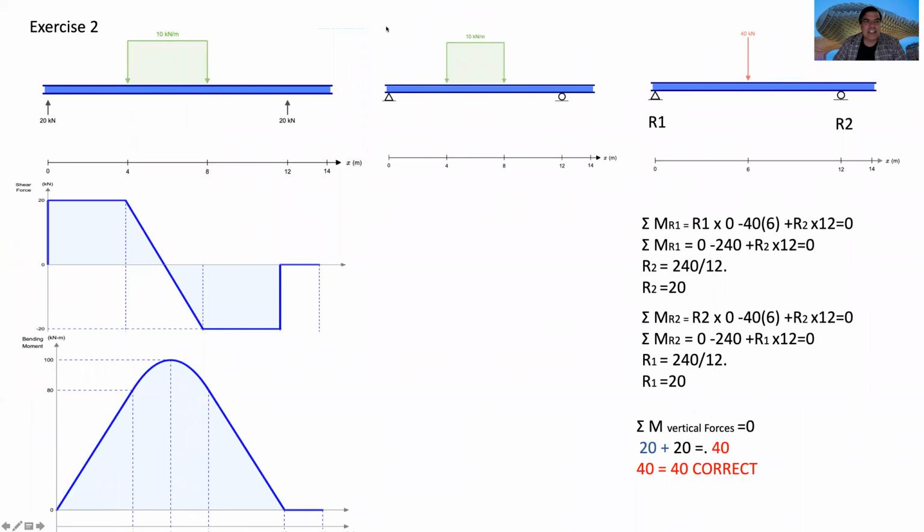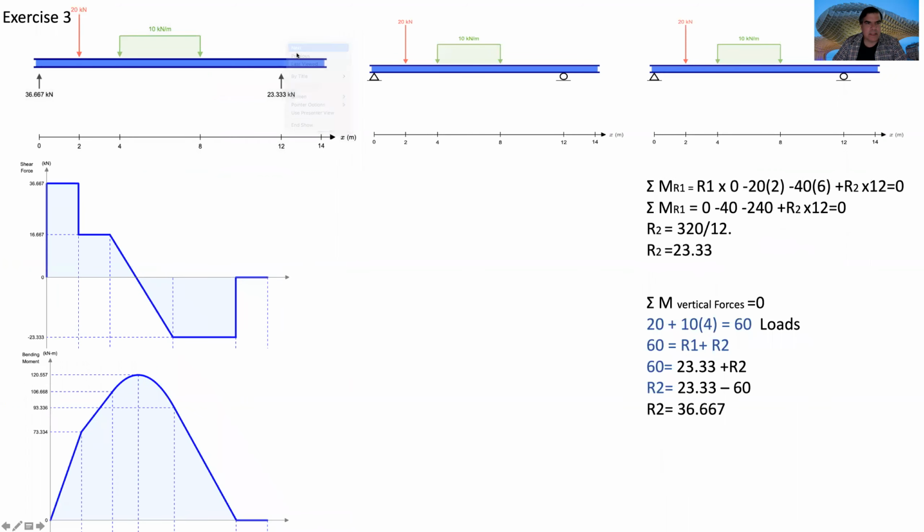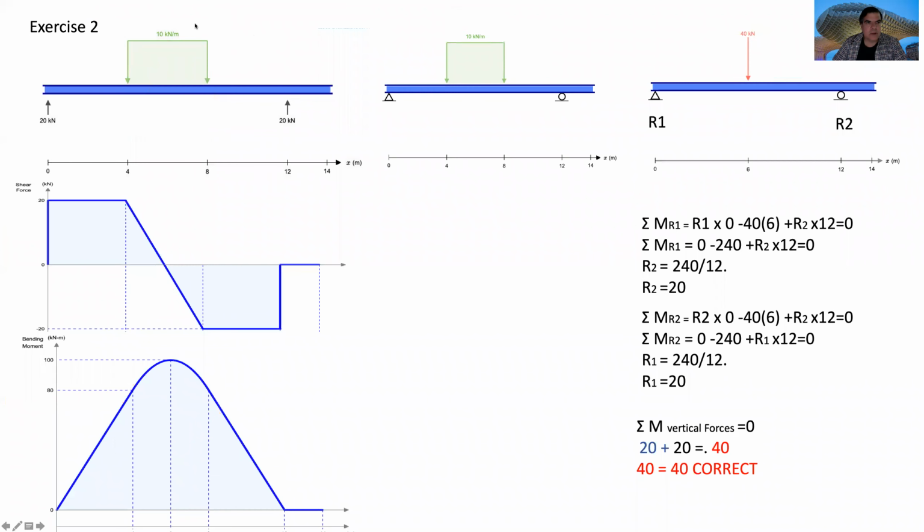We can change this distributed force. Let me go back, sorry. This distributed force that we have here of 10 kilonewtons per meter, that is a total of 40, we can substitute for an identical force in the middle with the total value, that is 40.